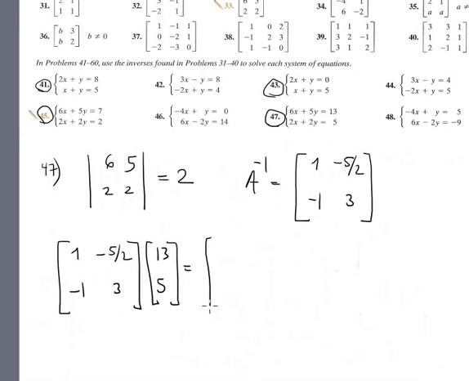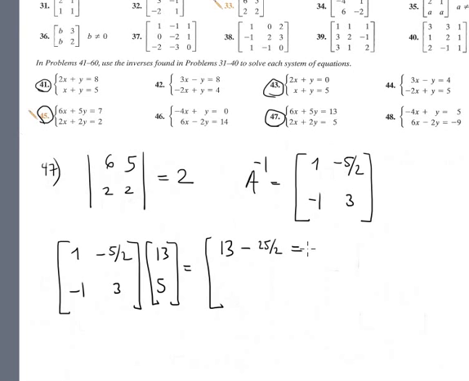Let's do the multiplication. 13 times 1 is 13, minus 5 over 2 times 13 is -65 over 2.